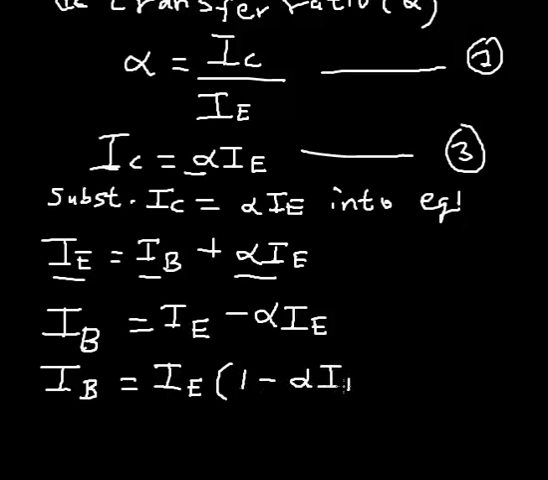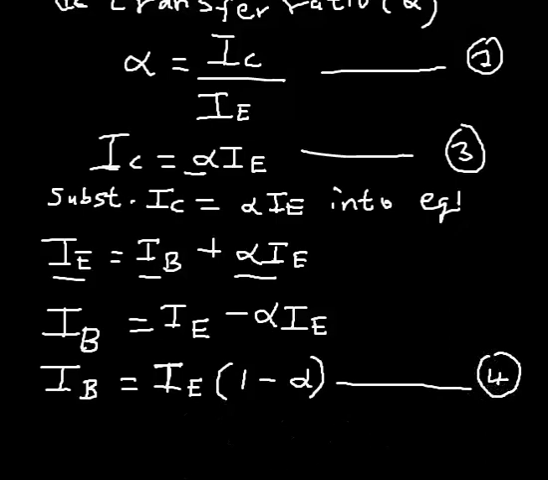So base current is always equal to emitter current multiplied by 1 minus alpha. I hope that is well understood. Please, this formula is very important. I call this formula number 4, and it is important because we are going to revisit formula number 4 again.